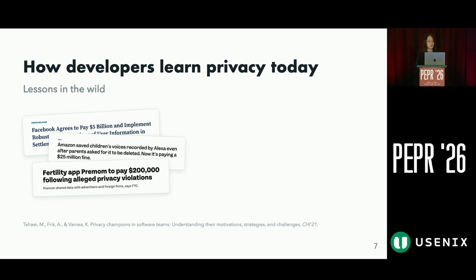Some other developers learn about privacy informally by reading the news. These are real cases, but the signal is relatively sparse, as there is not much privacy news coming out every day. And it's easy to feel like it's others' problem.